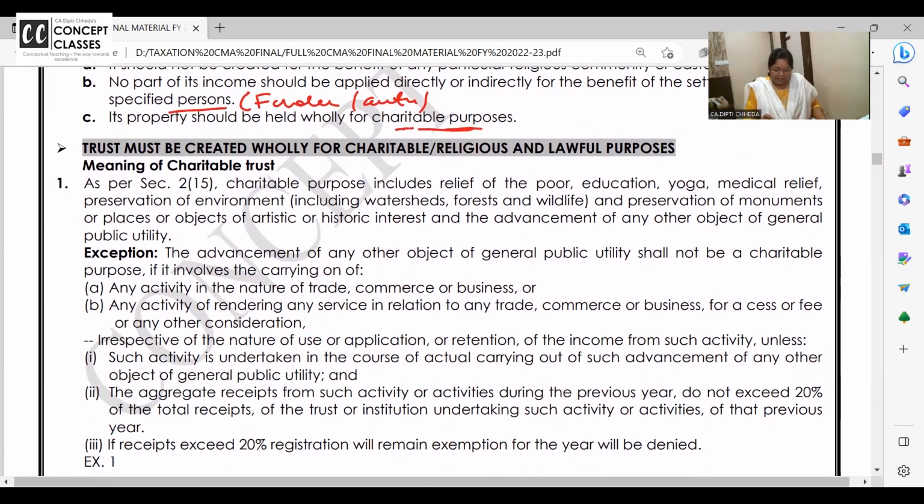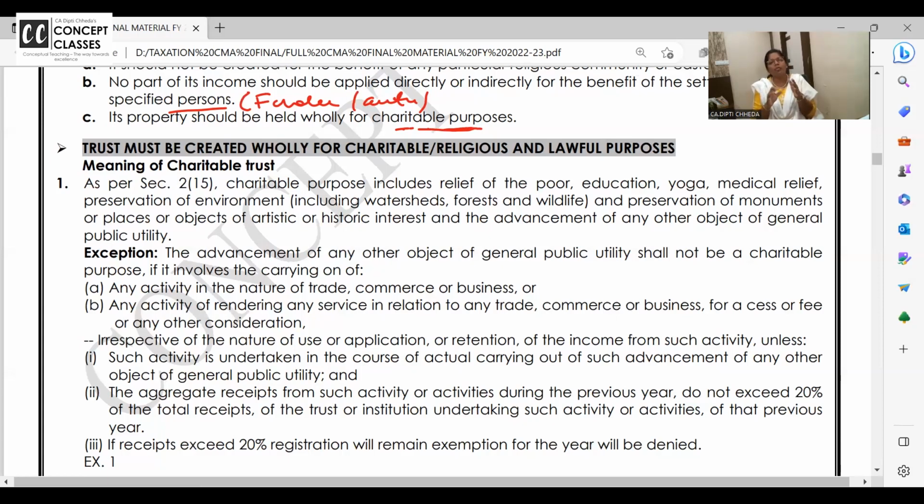Trust must be created either for religious or charitable purpose and lawful purpose. But under lawful, can the trust do business? Answer is yes. I told you Art of Living is taking like meditation classes. But along with that, they have a books and DVDs and other store. So are they actually doing business? Yes.